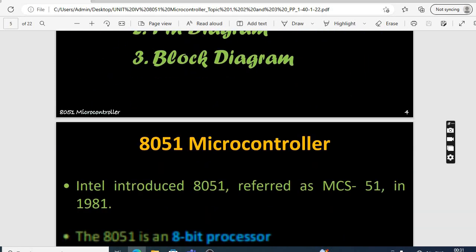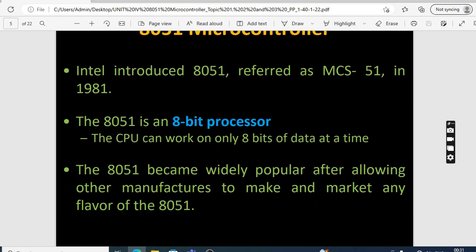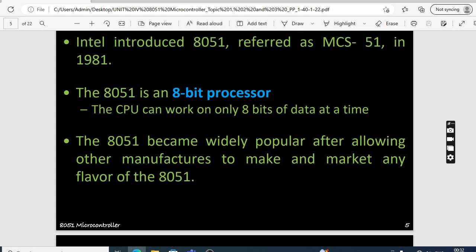So the 8051 microcontroller, in general, is an 8-bit microcontroller. All the operations in the 8051 microcontroller are basically 8-bit, dealing with 8-bit data.